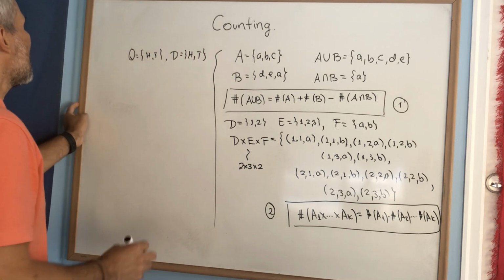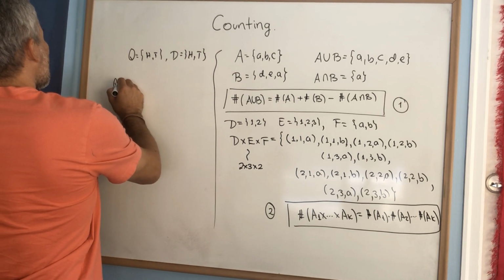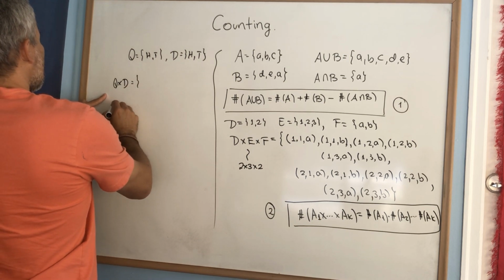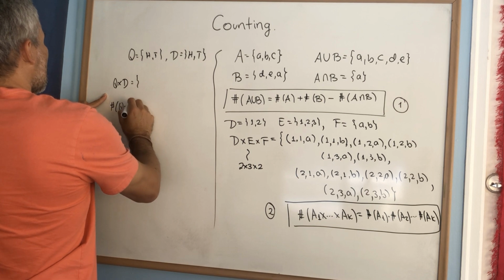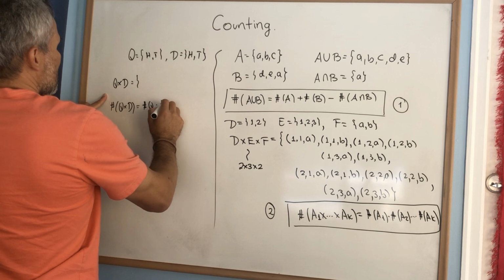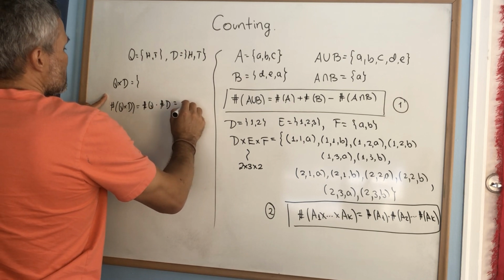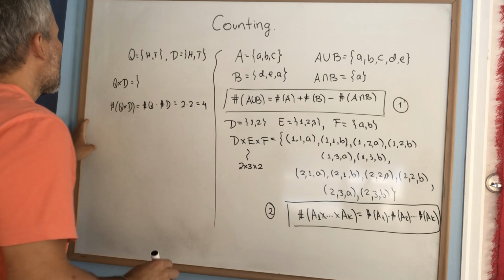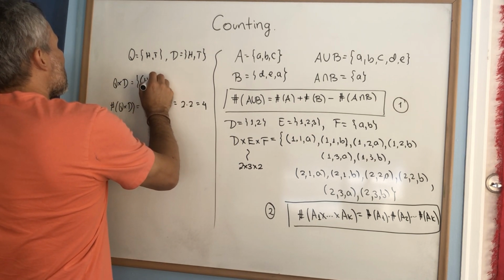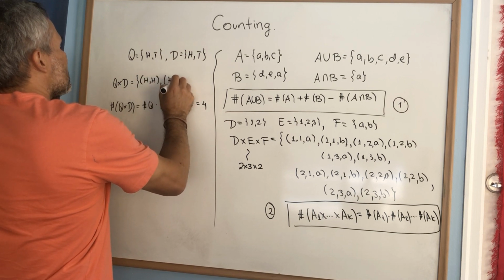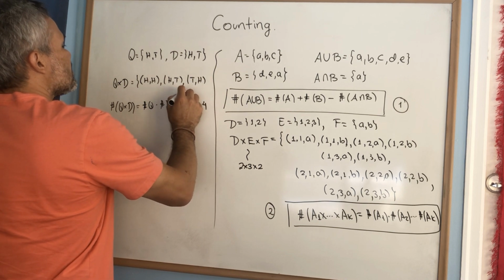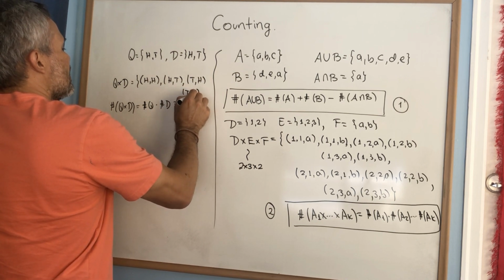When we do the Cartesian product of these two sets, the number of elements is going to be the number of elements of Q times the number of elements of D, which is 2 times 2, which is 4. And the outcomes are ordered pairs: (head, head), (head, tail), (tail, head), and (tail, tail).